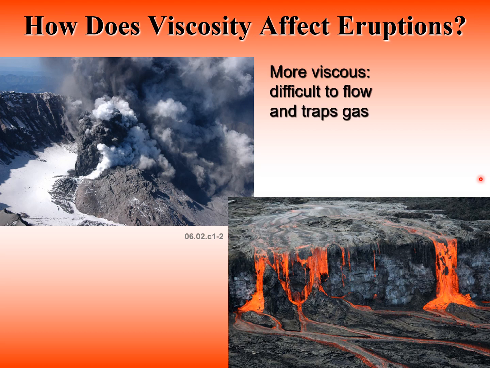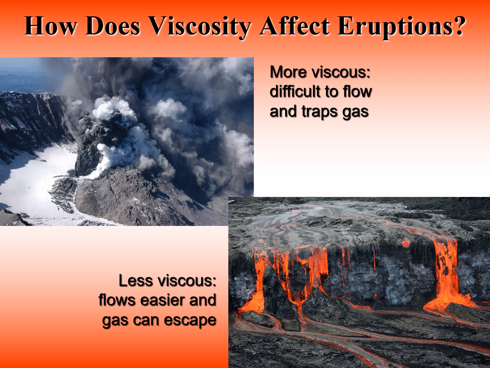Well, more viscous has a difficulty to flow, like I said, and it also traps more gas. So more gas is allowed to build up in a more felsic magma or intermediate magma than it does in a mafic magma. And the reason is a mafic magma being thinner and hotter, the gas can move through that much easier, and it can get released in a more steady way.